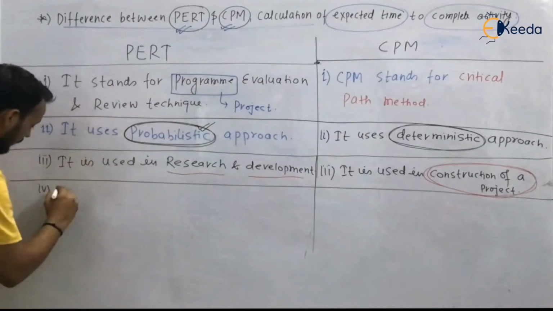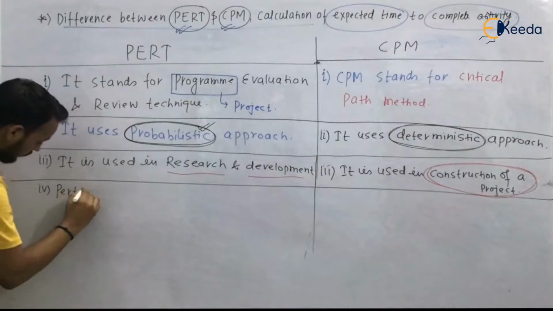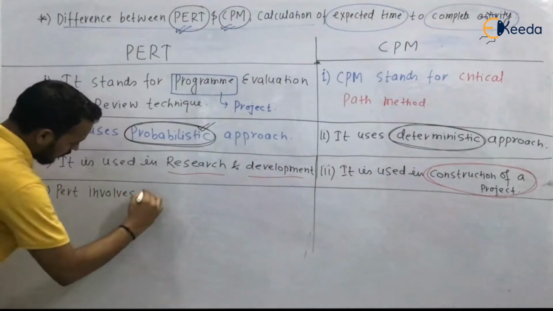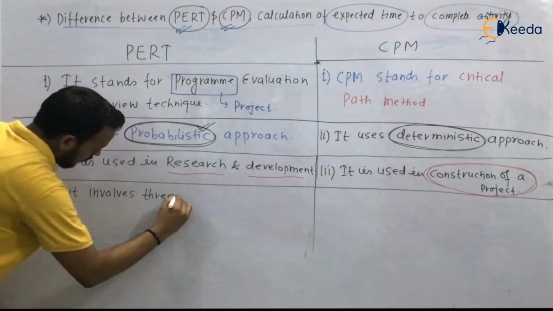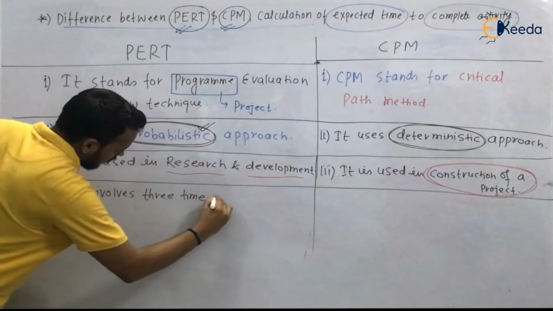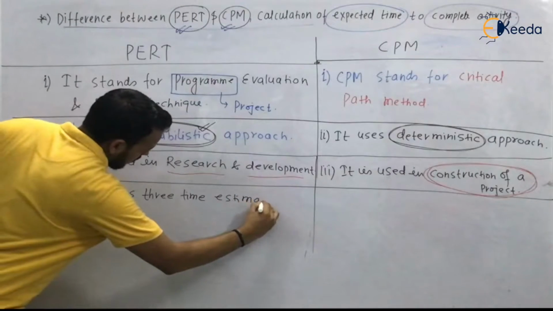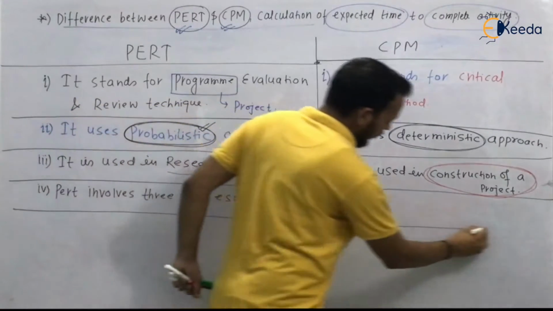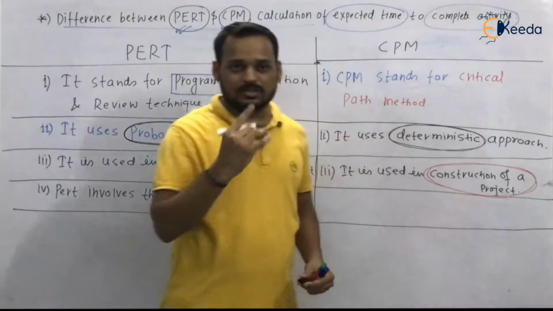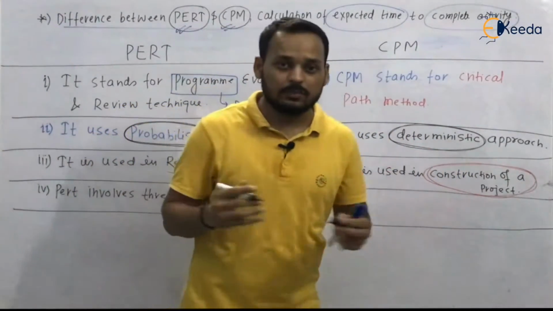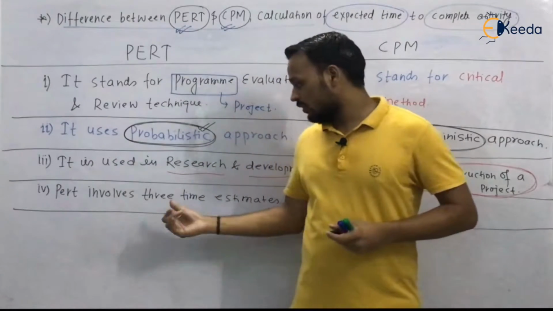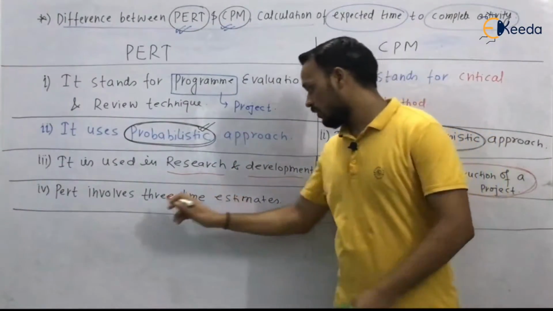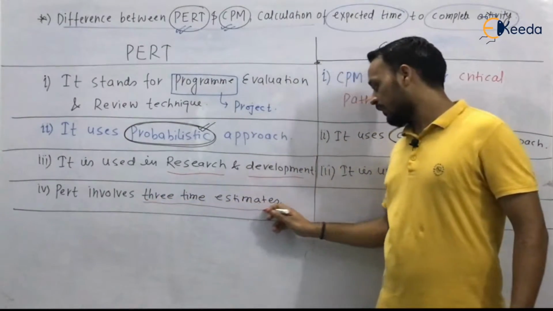So we can write that PERT involves 3 time estimates. It does not involve a single time estimate. There are three types of time. I will tell you what those 3 times are in the next topic, but it uses 3 time estimates to complete the activity.